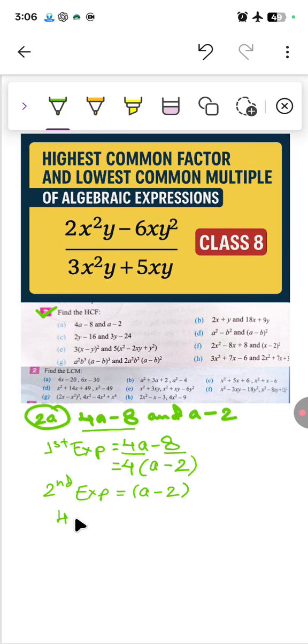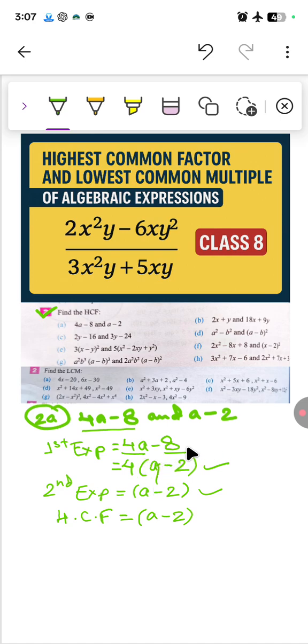Now HCF, highest common factor, will be the product of the common factors. So what is common between the first expression and second expression? That we will write as its HCF. So this is how question number 2a is solved.